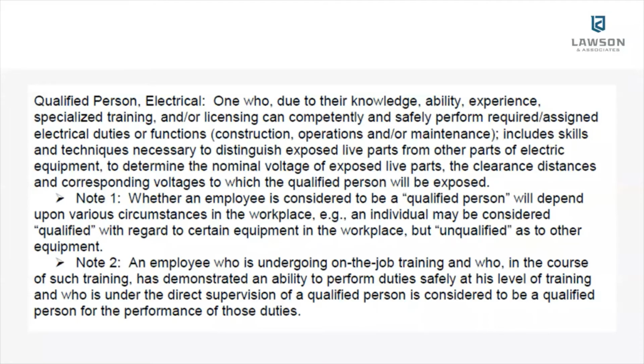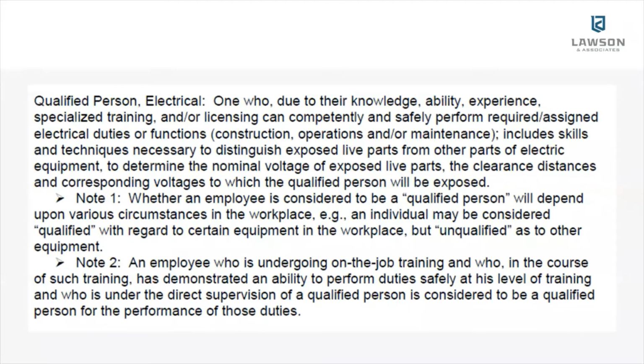And then this includes skills and techniques necessary to distinguish exposed live parts from other parts of electrical equipment, how to determine nominal voltage of exposed live parts, clearance distances, and corresponding voltages to which the qualified person would be exposed. And this is important because this is part of the 70E standard criteria too.